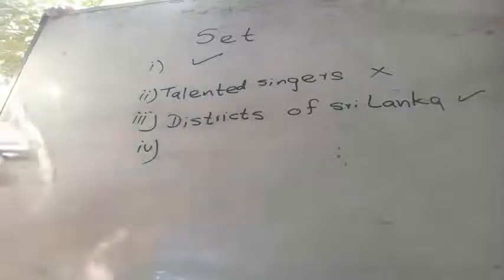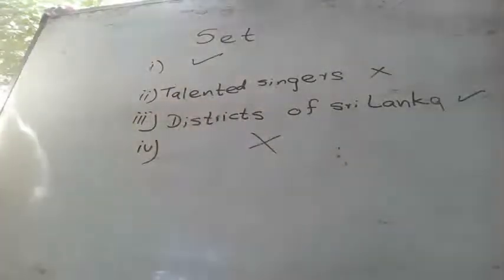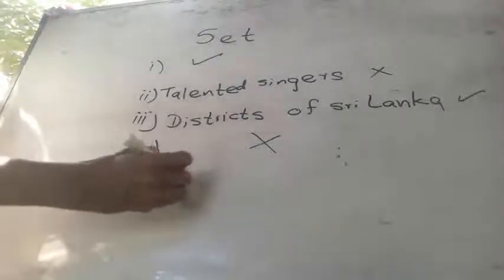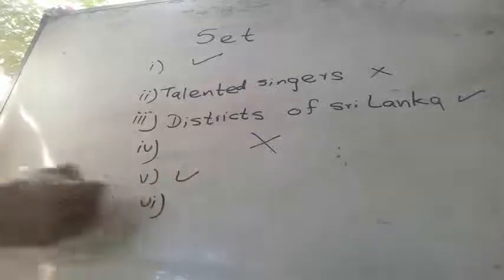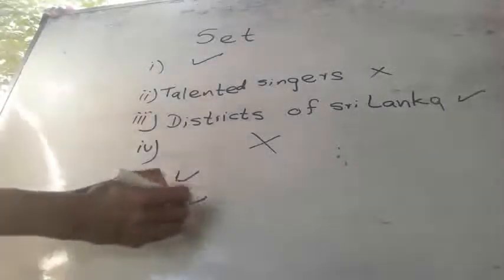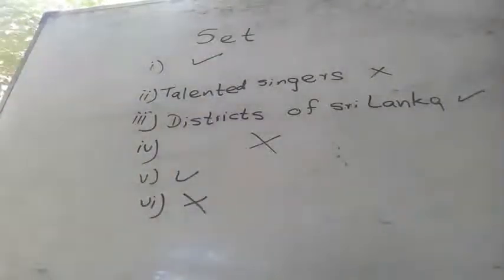We can't clearly identify. Fifth: numbers between 0 and 15 which are multiples of 6. Yes, it is a set. Sixth one: people who are fortunate. No, we can't clearly identify.